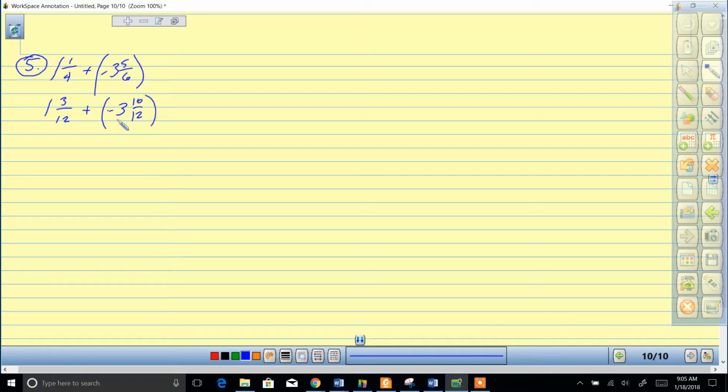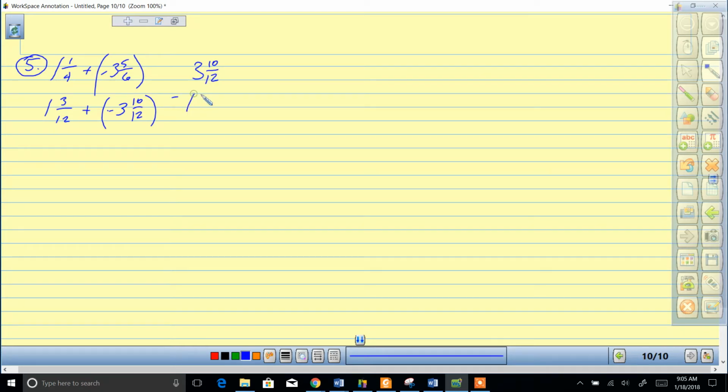Once we have our fractions the same, denominator-wise, since the signs are different, we're going to subtract them. You can take a different route and change them to improper, but I prefer to just subtract them since my larger mixed number has a larger numerator.